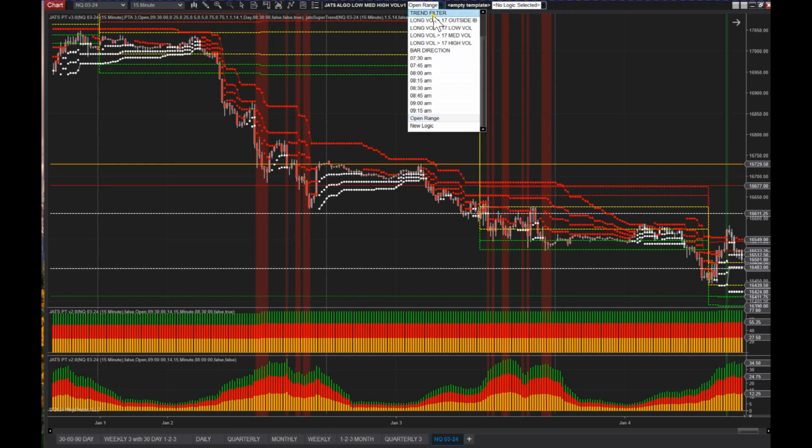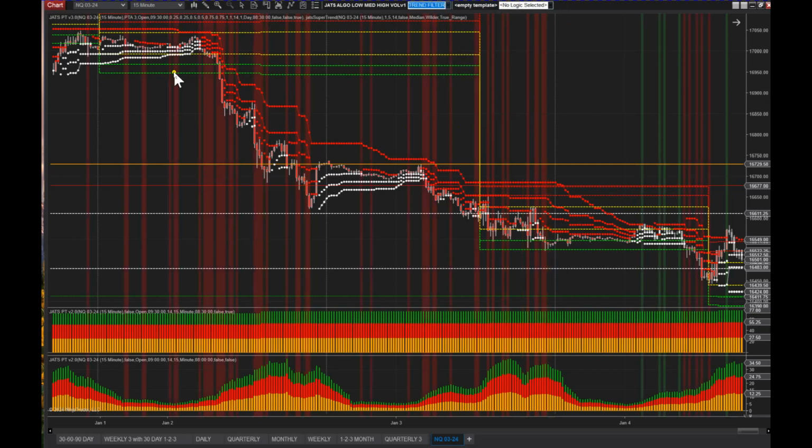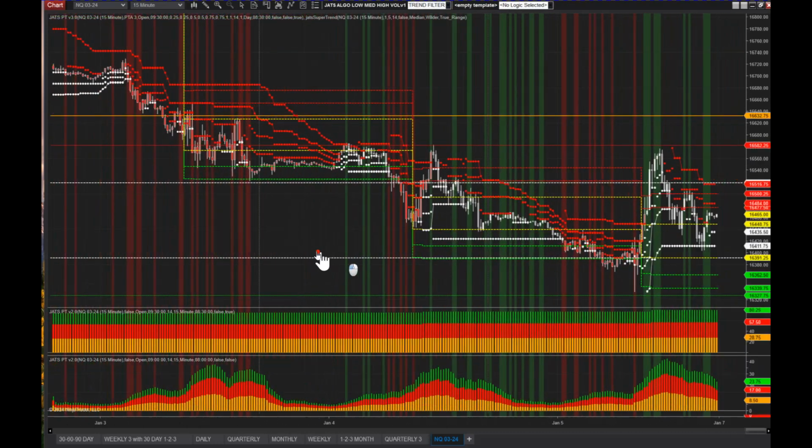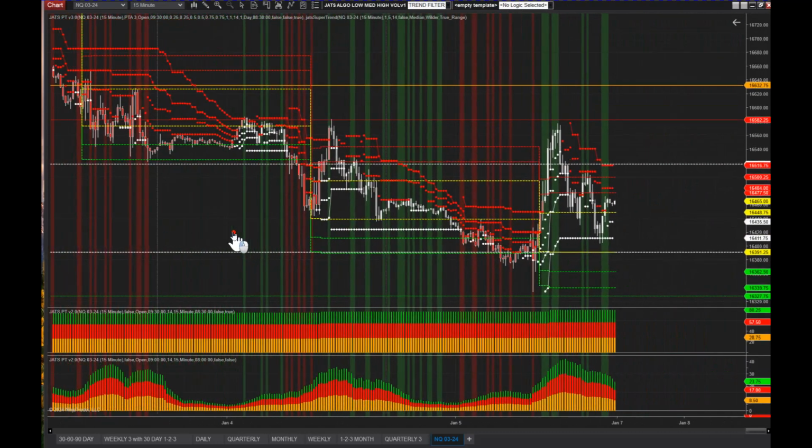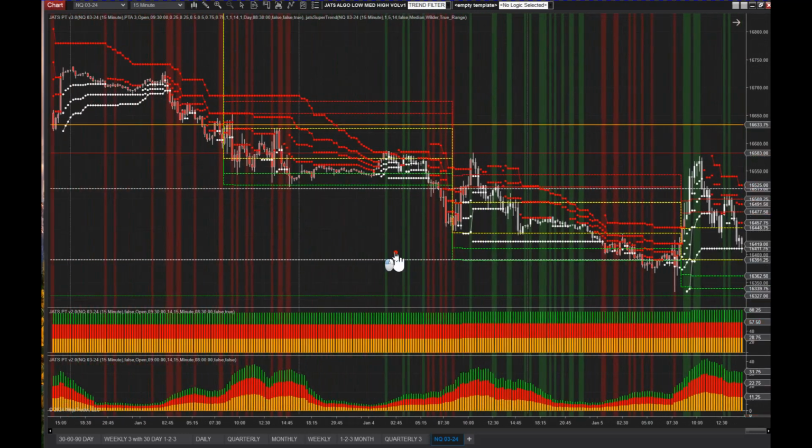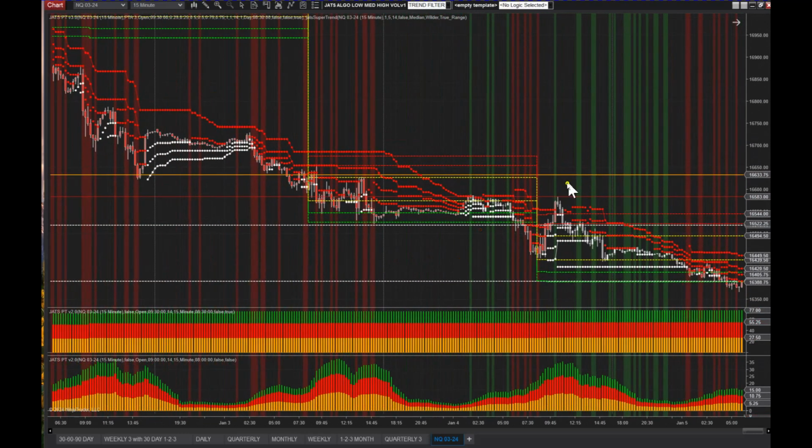Or you can set this up with a trend filter and try to trade long or short with your volatility indicator. I wouldn't have traded that.